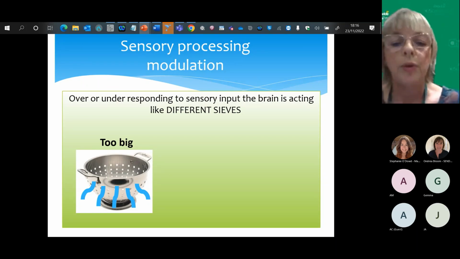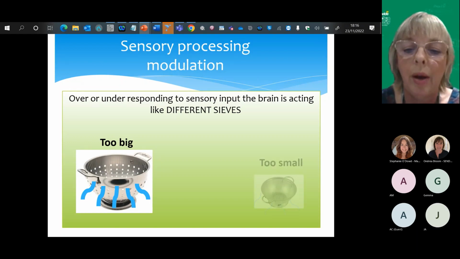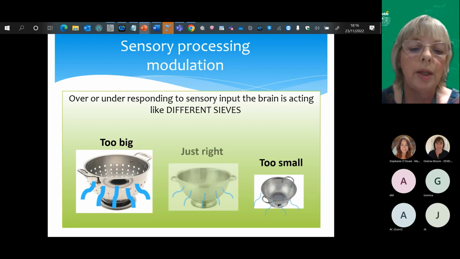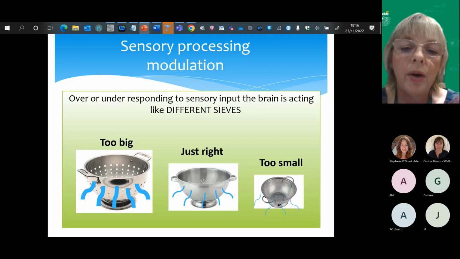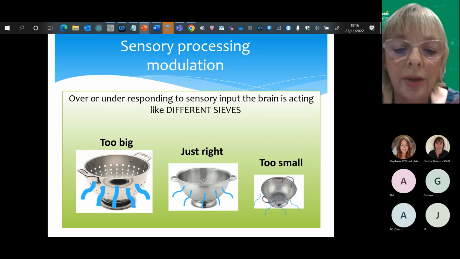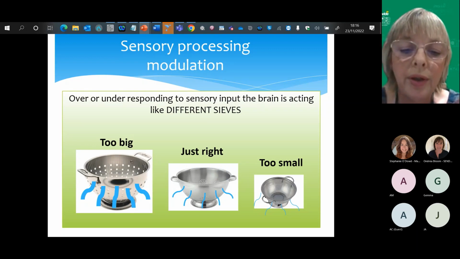Over or under responding, we can use the analogy of a sieve. I've also seen therapists use the analogy of a cup, and it works the same way really. Basically, the sensory input comes into the brain, and when the brain processes it, it's like the sieve either has too many holes and they're too big, or the sieve has smaller holes and so the information doesn't get through to the brain.